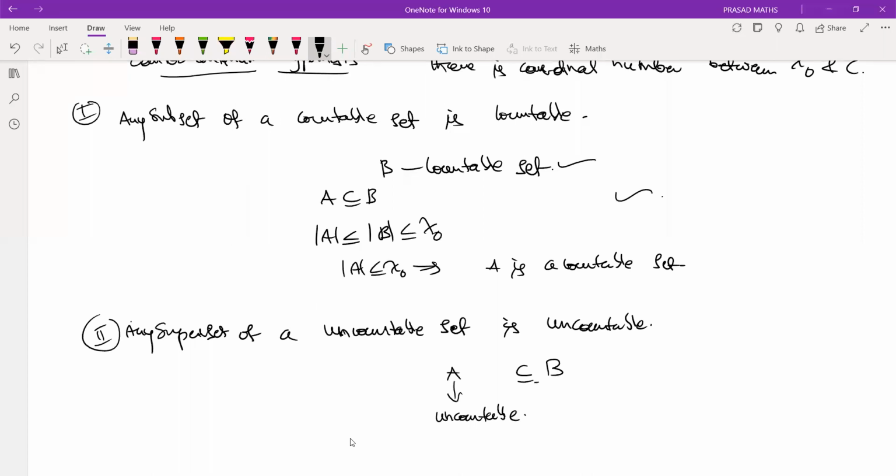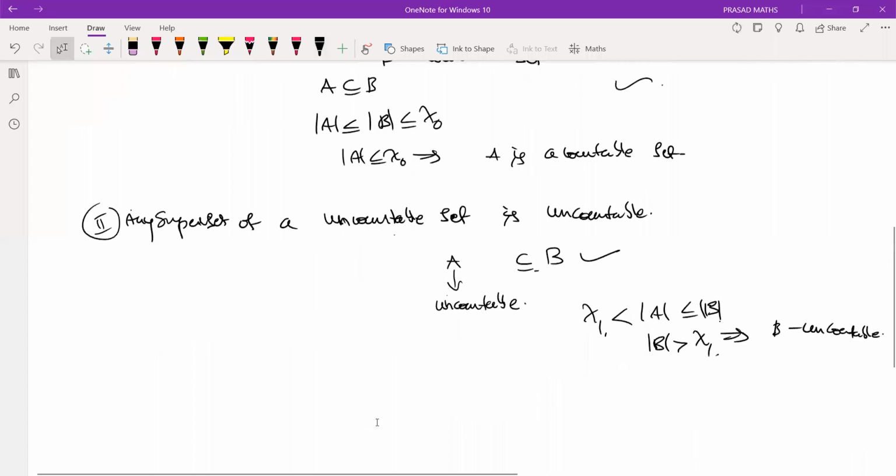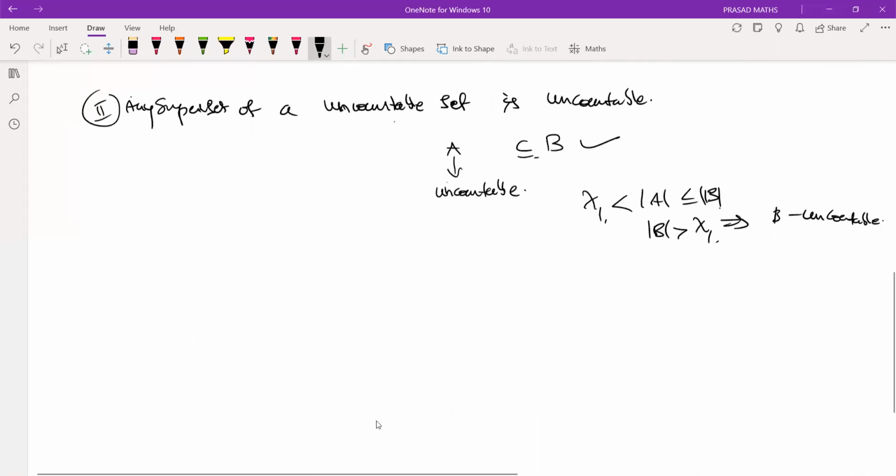So automatically cardinality of A is less than or equal to cardinality of B by the subset argument. But cardinality of A, you know what this is? A is an uncountable set, greater than aleph 1. Therefore cardinality of B is bigger than aleph 1. Therefore B is an uncountable set.